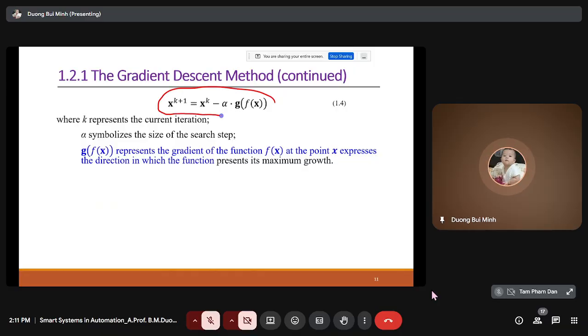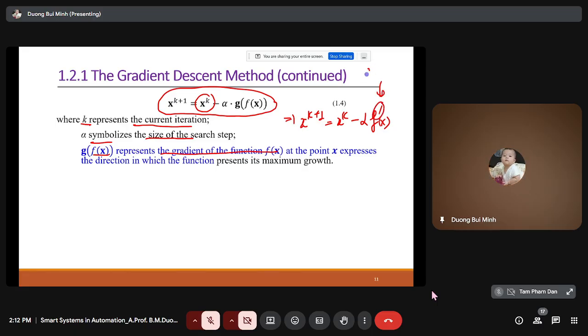We have the general function for how to generate the new solution based on the previous solution. K represents the current iteration and alpha symbolizes the size of the step. f(x) is the objective function, and g f(x) represents the gradient of the function f(x). Or sometimes we say x(k+1) is xk minus alpha f'(x), where the prime means the first derivative.